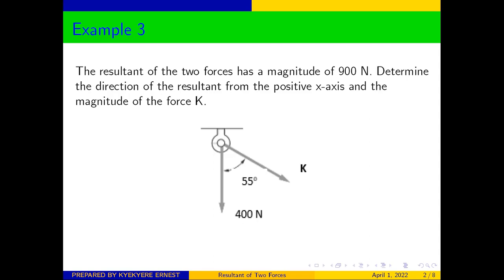So for this question, we are going to use the law of parallelogram and the triangle rule. So let's see how we can solve such a question.